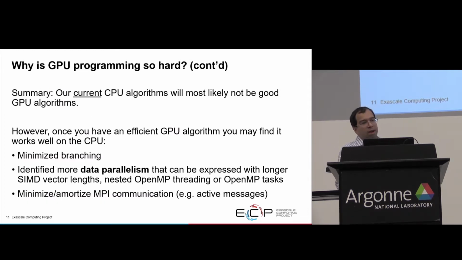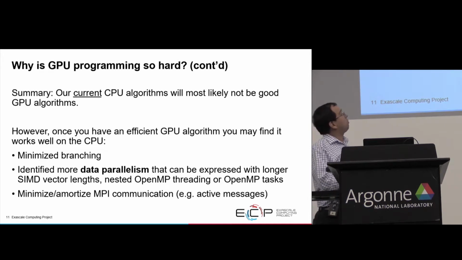So I think the point I want to drive home is that our current CPU algorithms will most likely not be good GPU algorithms. However, one thing that I've seen from one of the other ECP projects that I work on is if you do come up with a very efficient GPU algorithm, you might find that it will work well on the CPU too, because you will have minimized branching, you will identify more places to express data parallelism, and you can express this in OpenMP for CPUs.